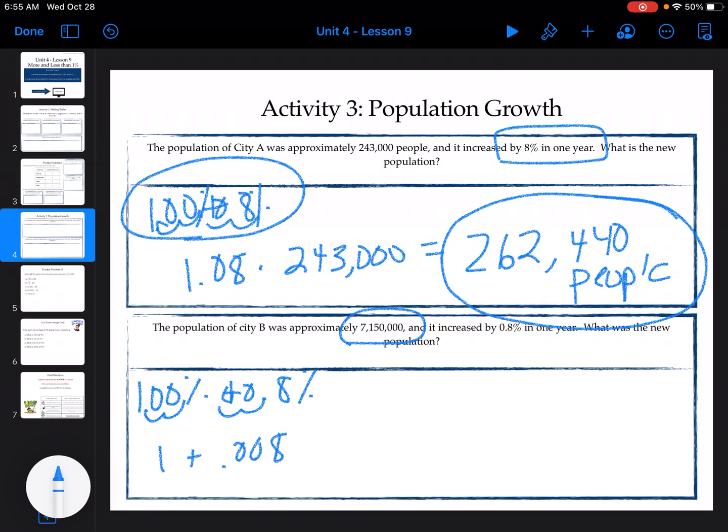My equation is going to be 1.008 times 7,150,000. I'm going to multiply that in my calculator. It's still going to be an increase, but not as much. I get 7,207,200 people.